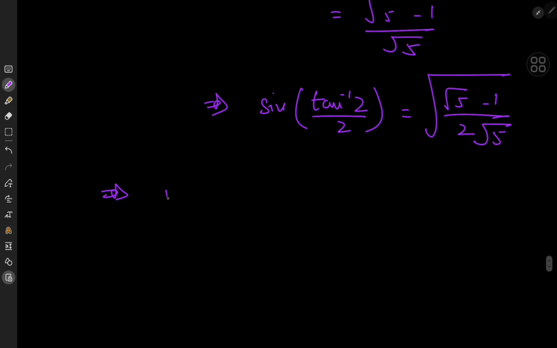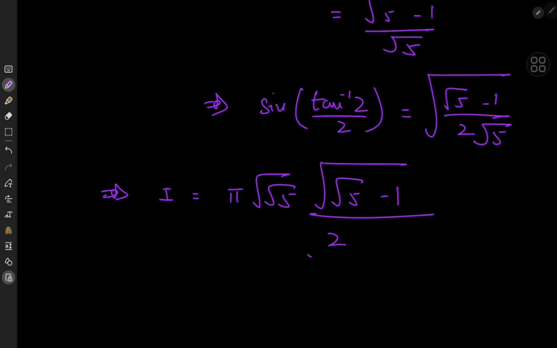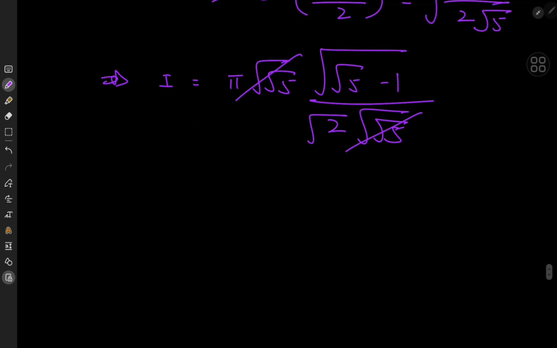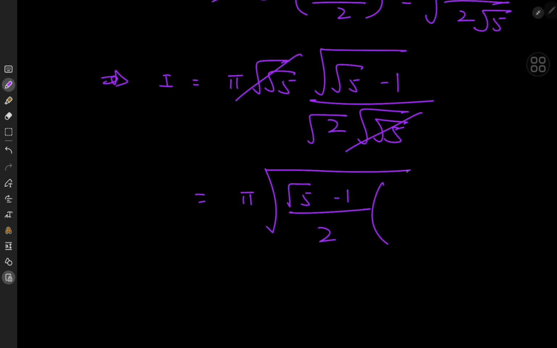So finally, we have the target integral I being pi times root 5 times root 5 minus 1 divided by root 2 times root 5, and we're finally rid of it, and we're left with this cool looking form that can be made even cooler by expansion using the conjugate. So that would be root 5 plus 1, root 5 plus 1.